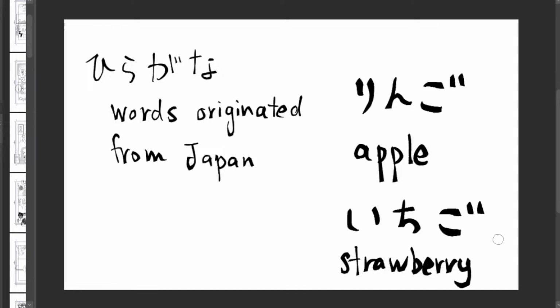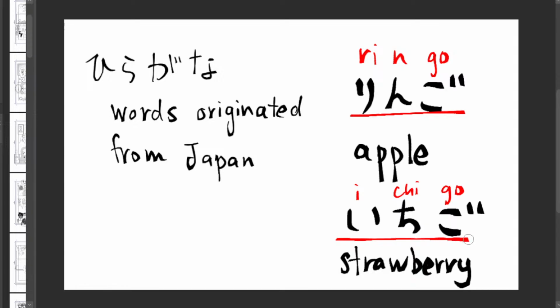Okay, so this is ringo and ichigo. For a word that originates from Japan, we'll use hiragana when you write it. So this is ringo, ichigo using hiragana. Okay, next.